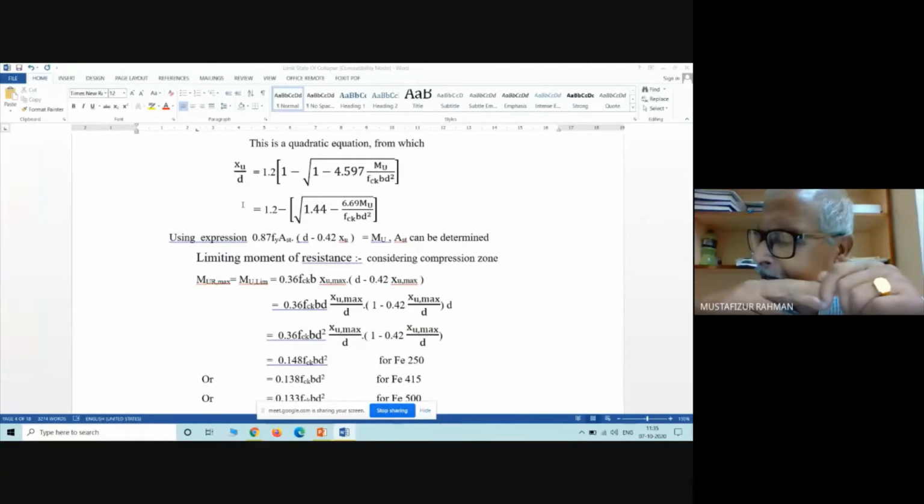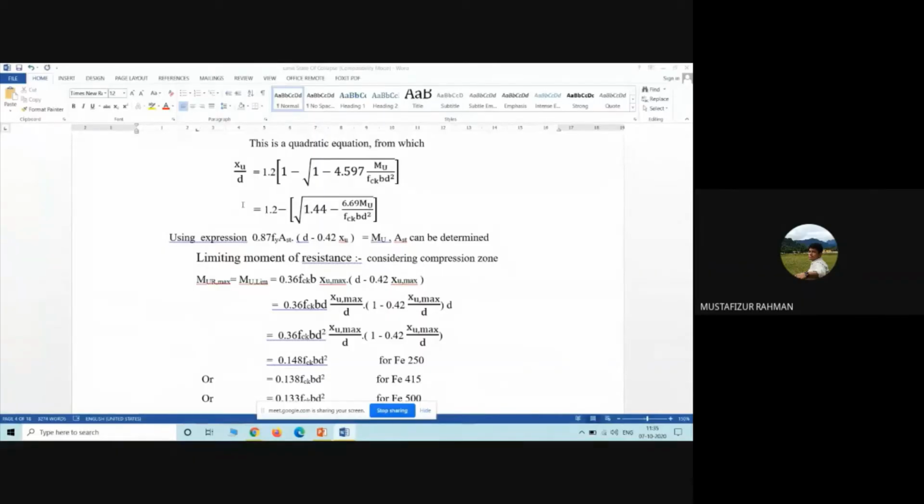In the strain diagram, the value 0.0035 at the upper surface will remain the same. It will not change.